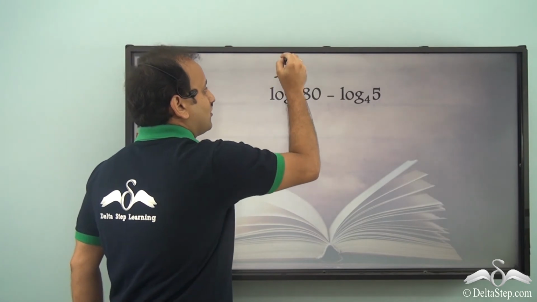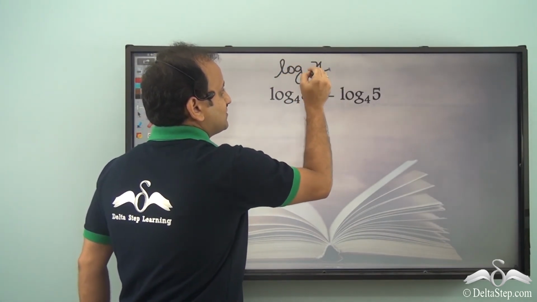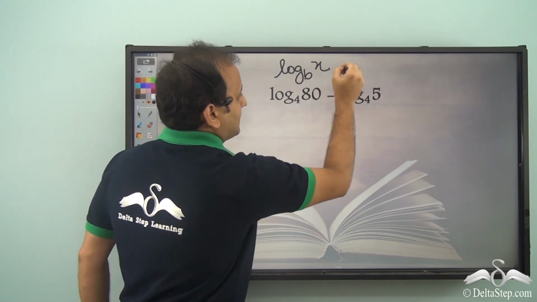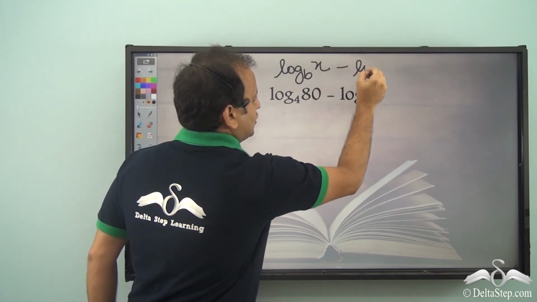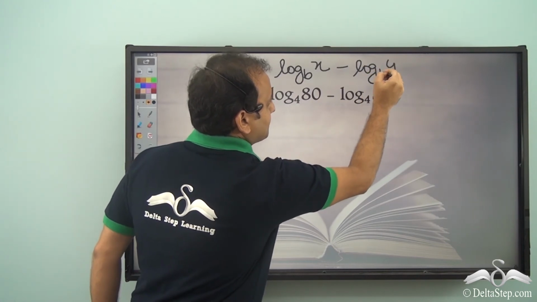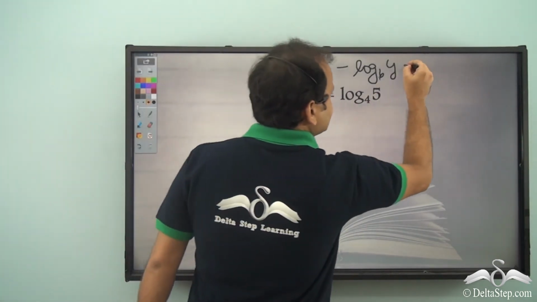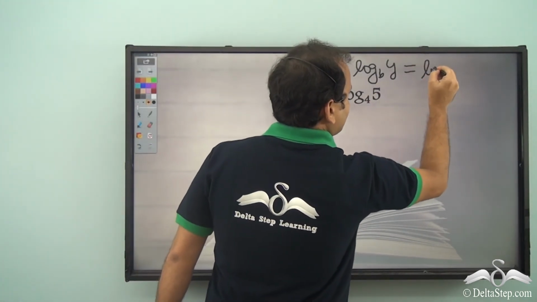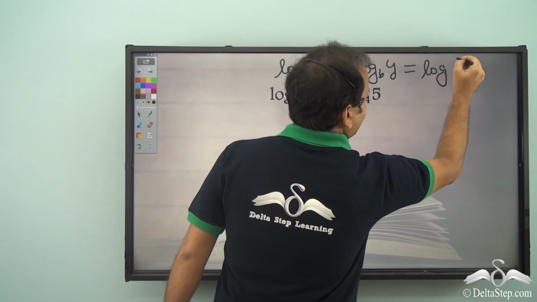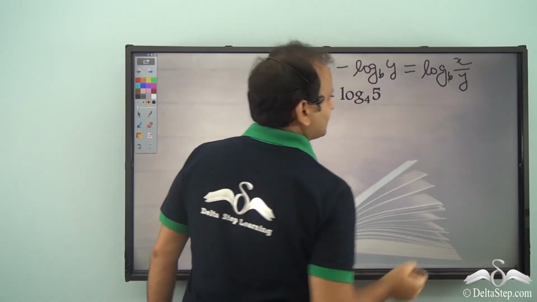Anything written in the form of log x to the base b minus log y to the base b can be written as log x by y to the base b.